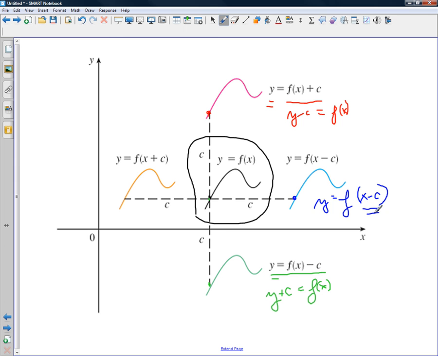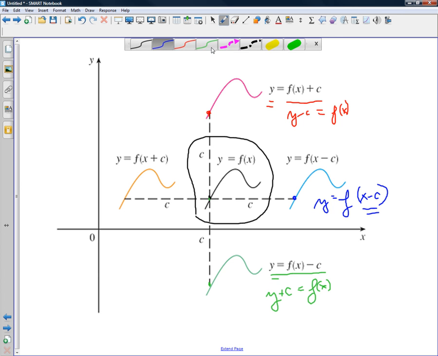And think about that. I'd have to take c units away from x, every x, to get myself back to where the black one is. It may seem counterintuitive that this blue one moves to the right when we subtract c. But if you stop and think about it, we would have to take c away from every x to move ourselves back to the black one. And maybe that's the way to think about it.